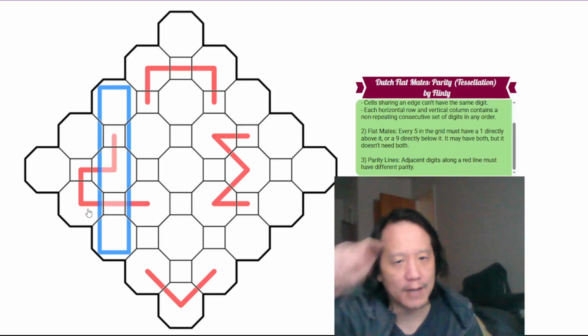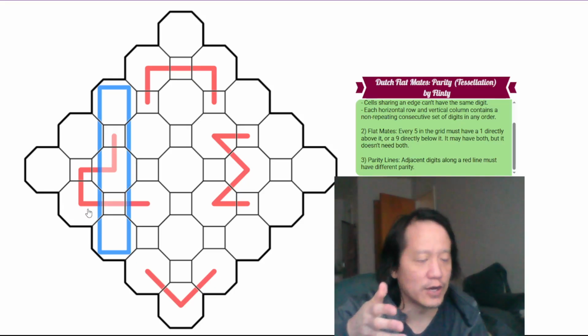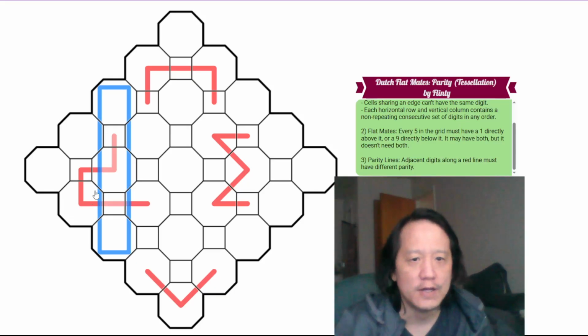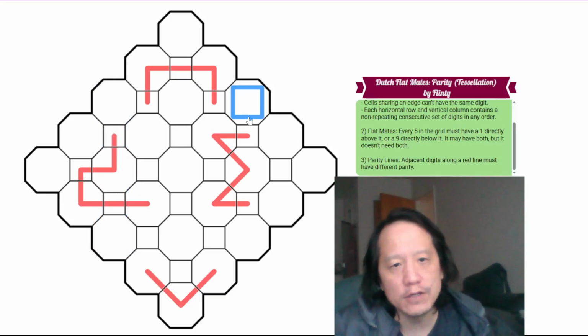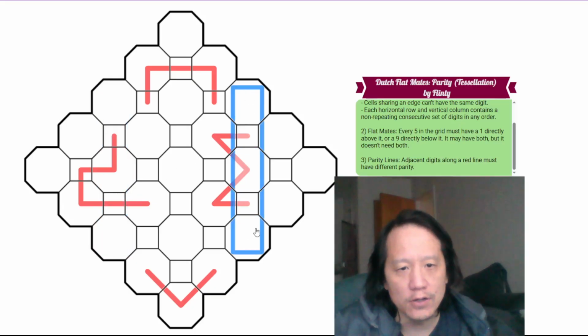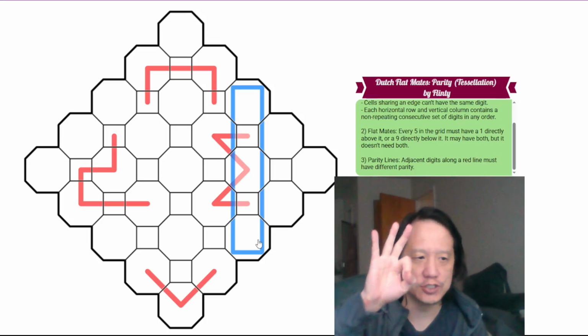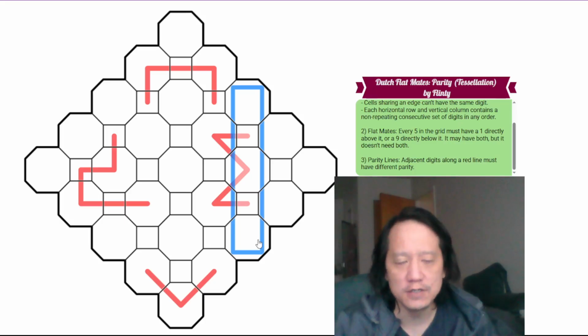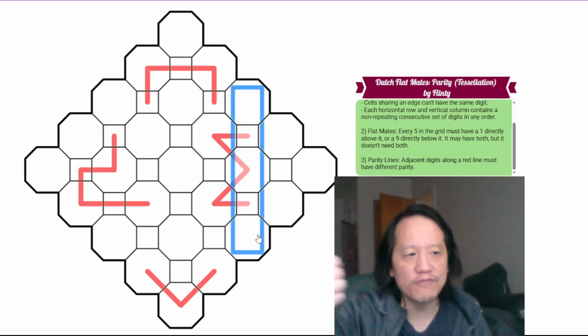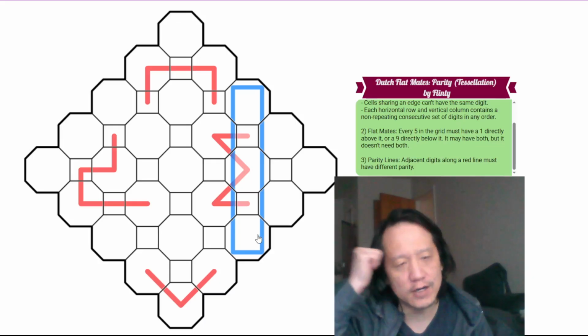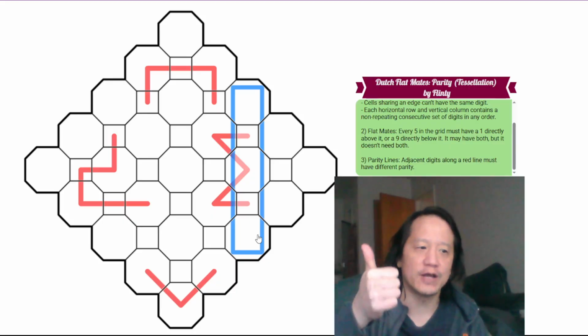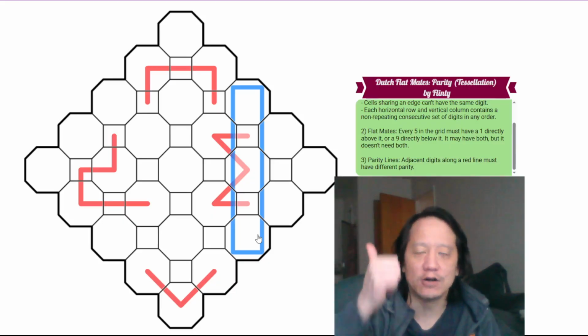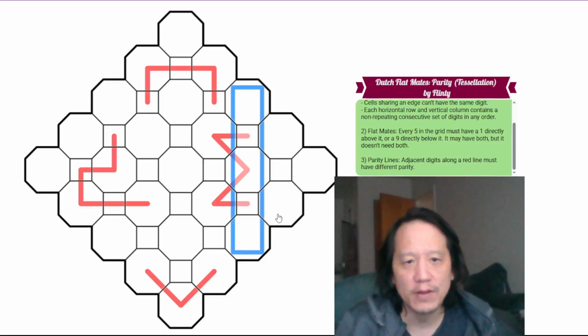If you have a 9 below it, that means the 5 digits you have are 5 through 9. So because of that, we know in each of those columns, you have 3 odd digits and 2 even digits. Right? 1 through 5, 1, 3, and 5 are odd, 2 and 4 are even. 5 through 9, 5, 7, 9 are odd, and 6 and 8 are even.